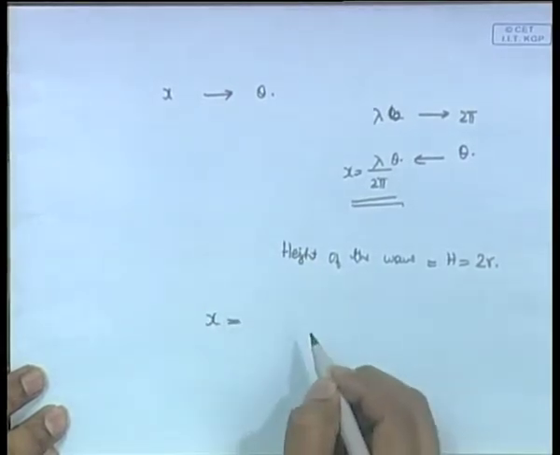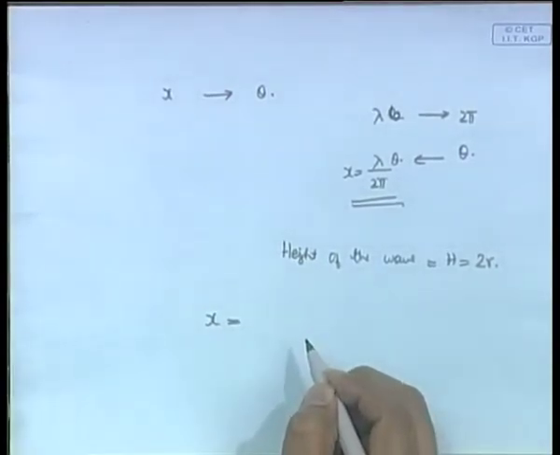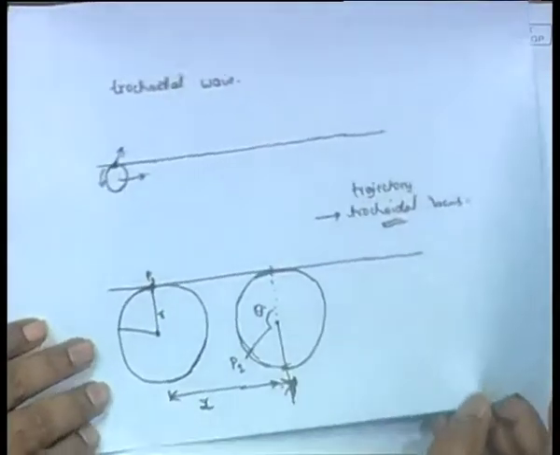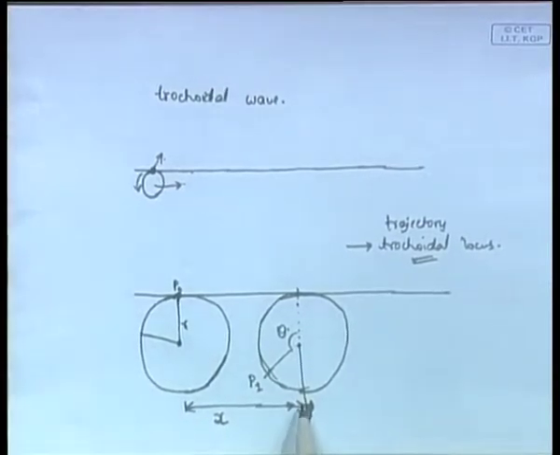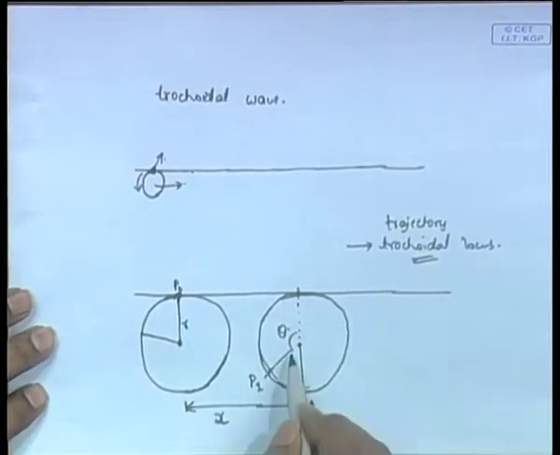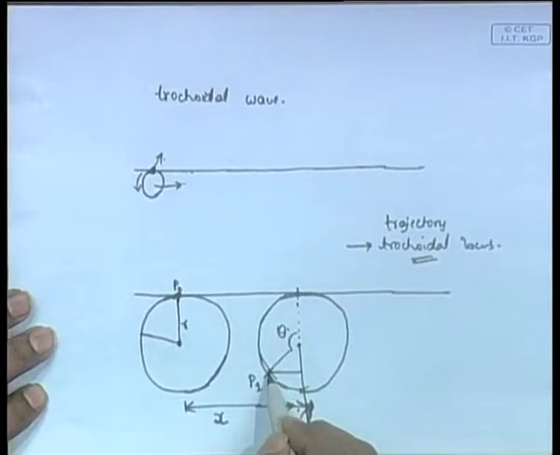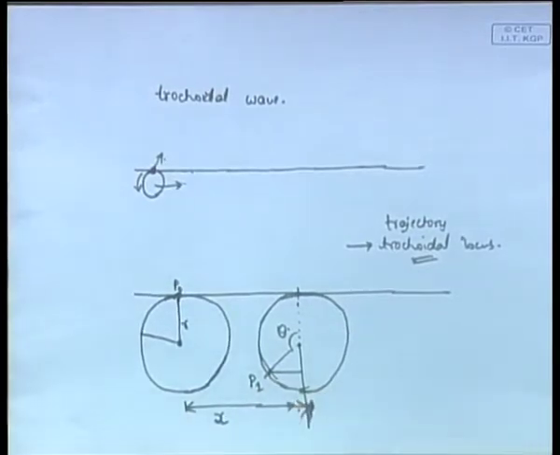Now, how will you get the x coordinate? The x coordinate of the particle at any point is given by x, which is the distance through which the center of the circle has moved, minus this distance. We are talking about the position of the particle. Note that the particle is actually this P, moving along the circumference of the trochoidal wave.